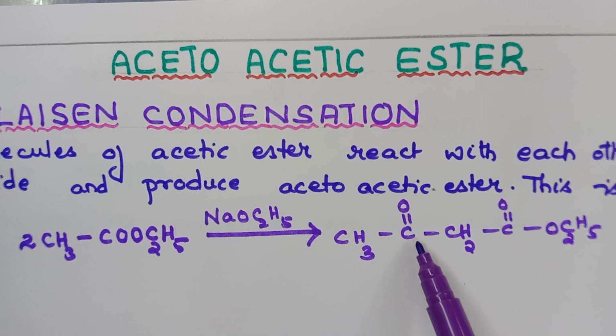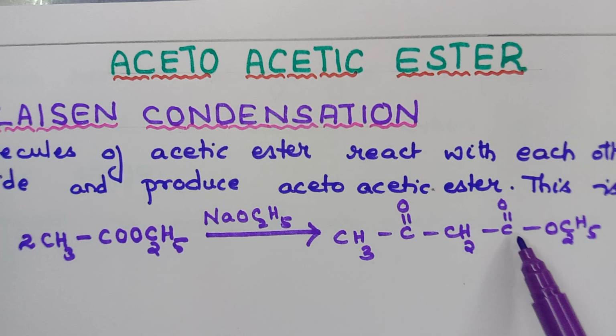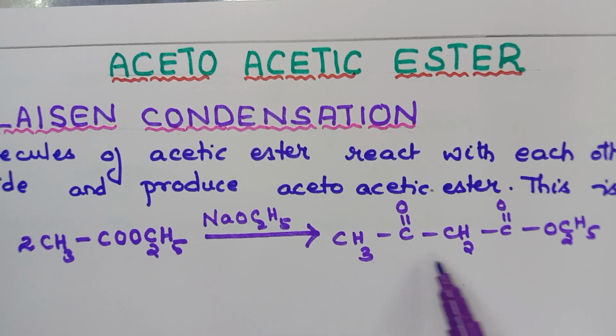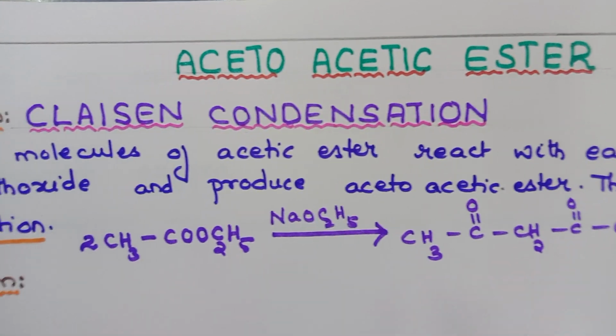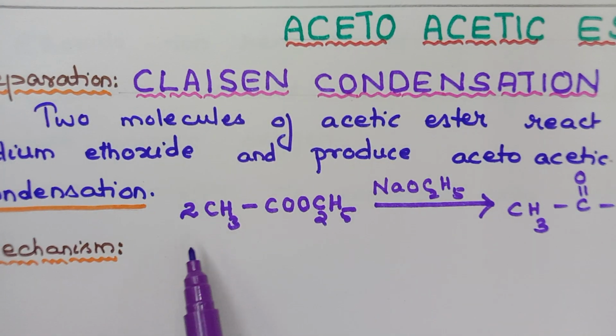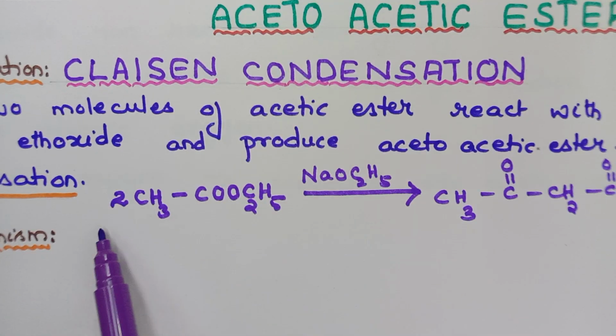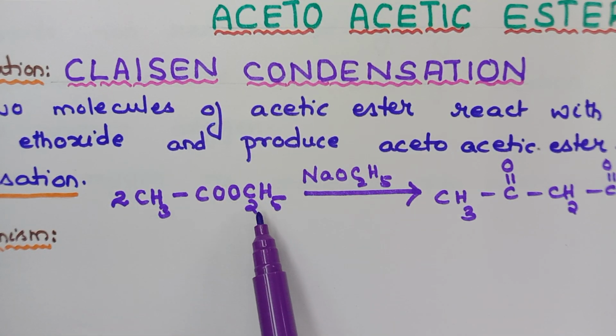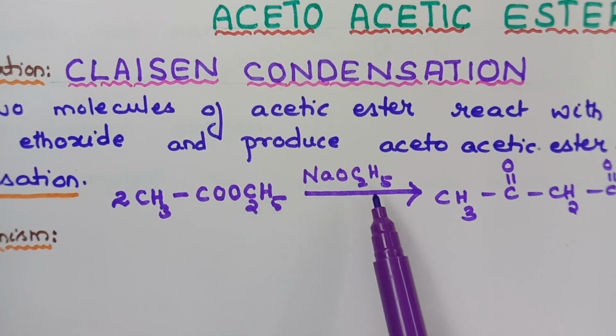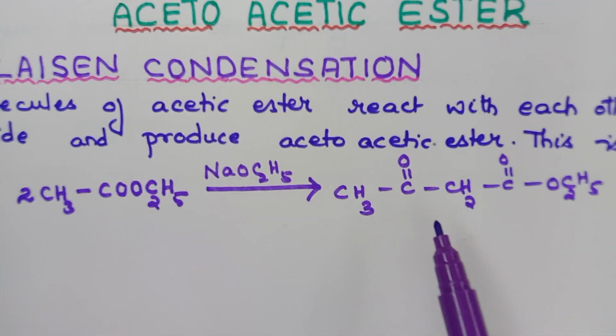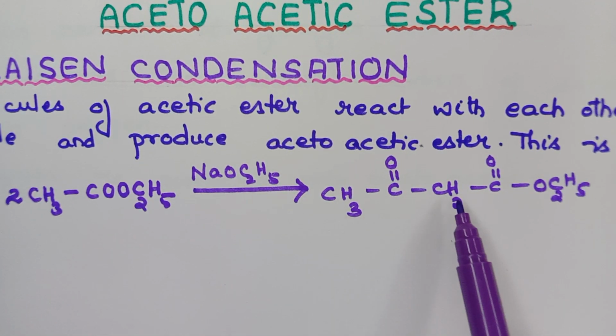CH3 C double bond O, CH2 C double bond O C2H5. This is acetoacetic ester. So this is the reaction of Claisen condensation. Two molecules of acetic ester, this is sodium ethoxide, and forming acetoacetic ester.